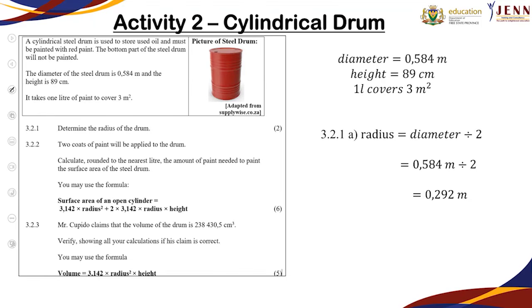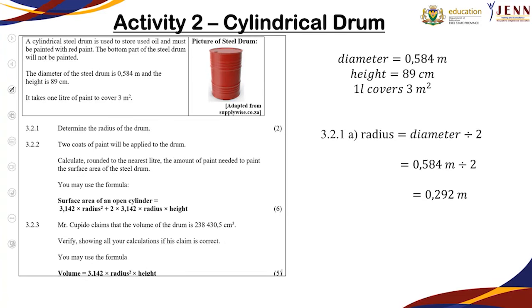A cylindrical steel drum is used to store used oil and must be painted with red paint. The bottom part of the steel drum will not be painted. The diameter of the steel drum is 0.584 meter and the height is 89 centimeter. It takes 1 liter of paint to cover 3 square meters.